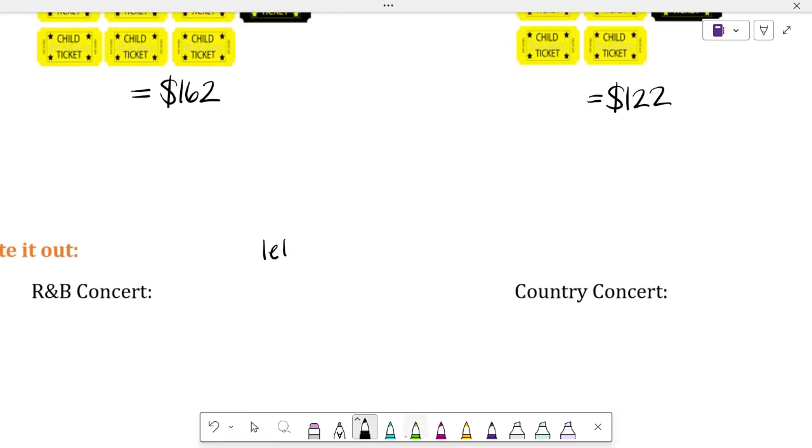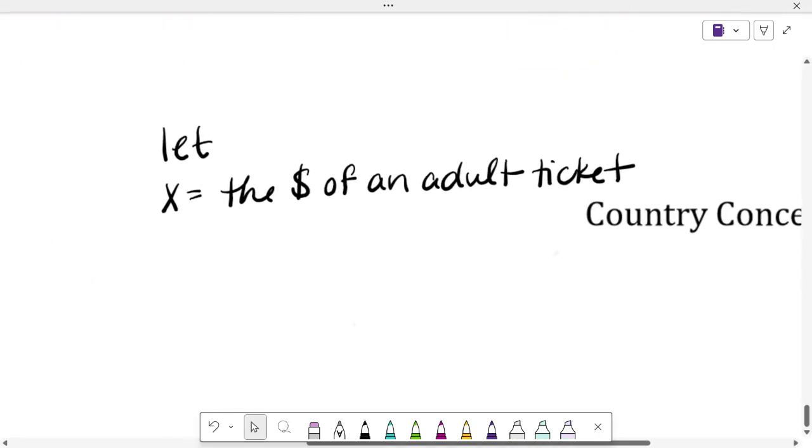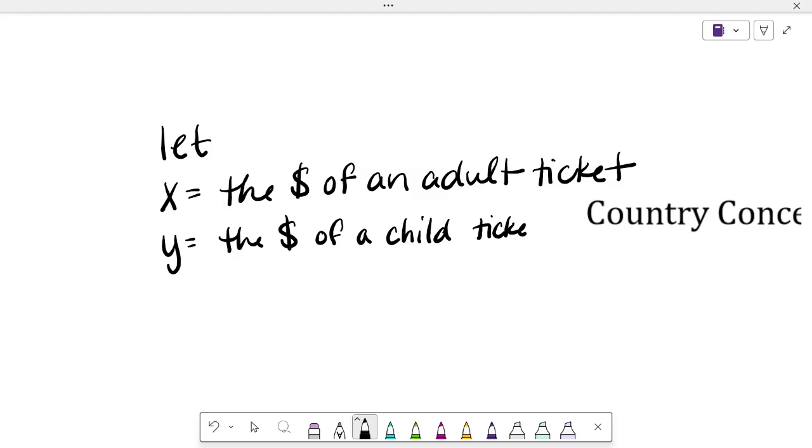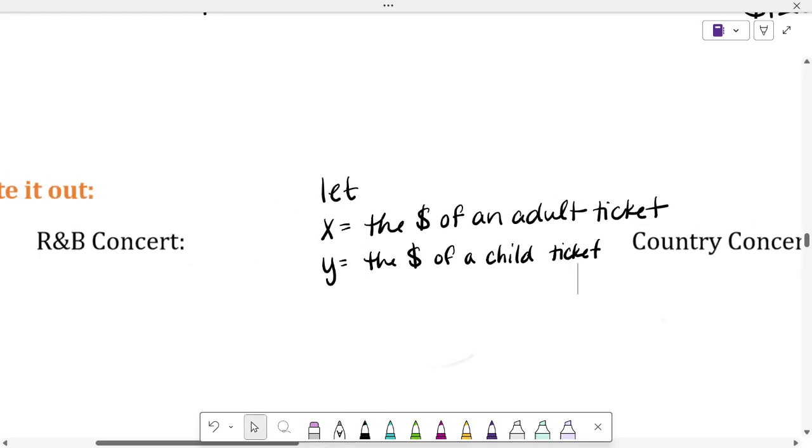So we're going to say let X be the price of an adult ticket and Y be the price of a child ticket. And let's write our equations.